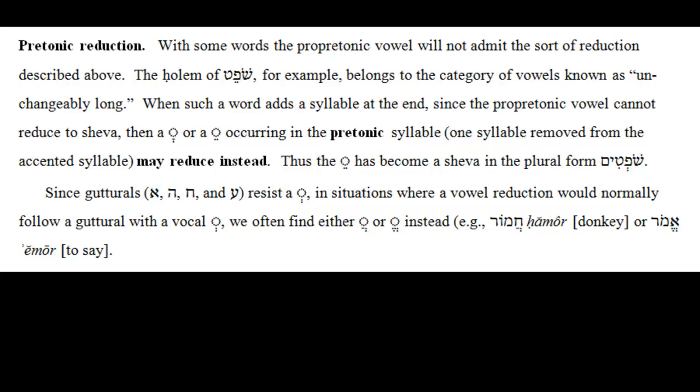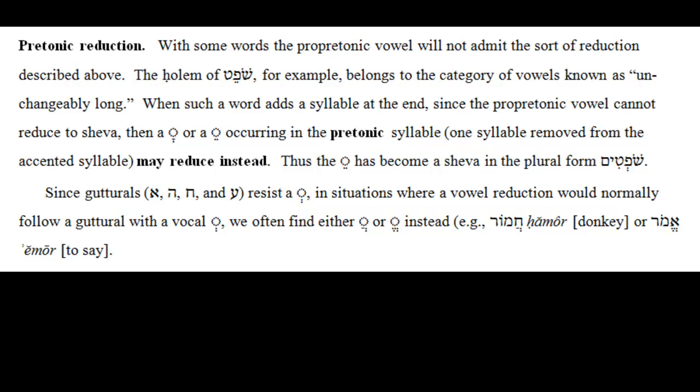When a word of this sort, like shofet, then becomes longer by adding a syllable at the end, such as the plural form im, since that first propretonic vowel is unable to reduce to a shava, then a change will occur in the pretonic syllable, the middle syllable in this case.